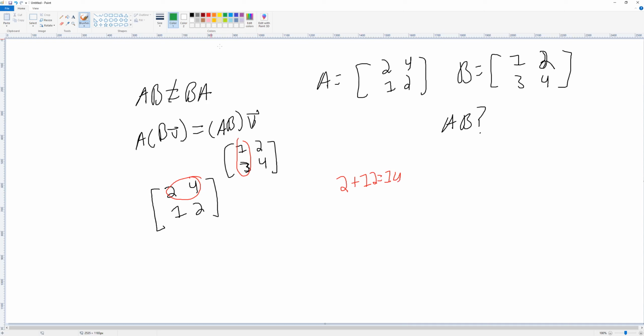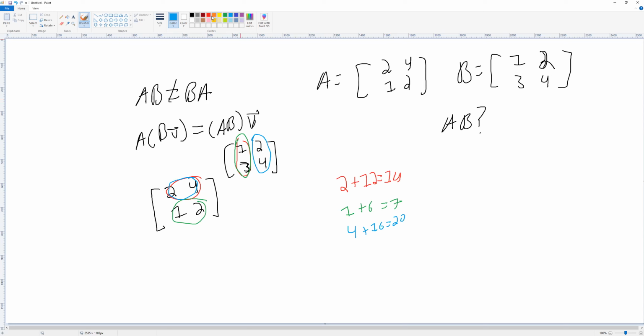Now, the next one, we take the second row of A times the first column of B. So we're going to do 1 times 1 equals 1, plus 2 times 3 equals 6. That's going to be 7. Then we take the first row of A times the second column of B, which is going to be 2 times 2, which is 4, plus 4 times 4, which is 16. It's going to be 20.